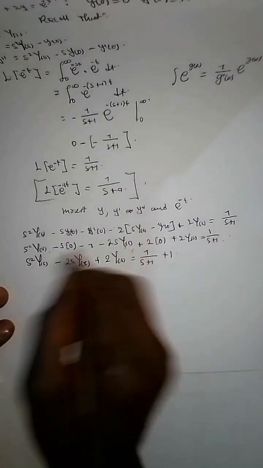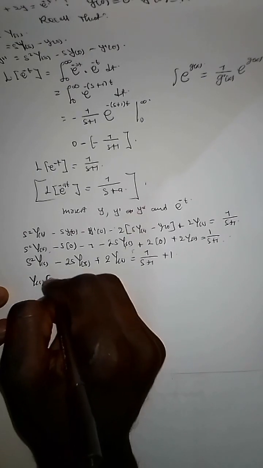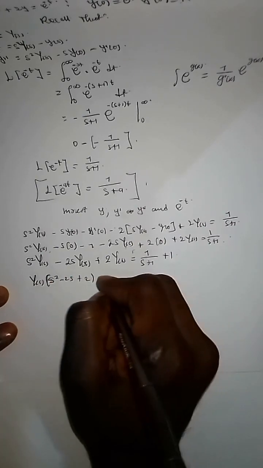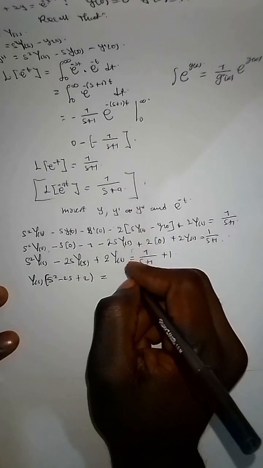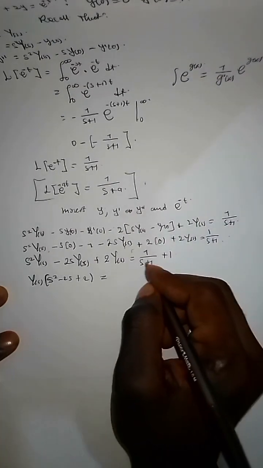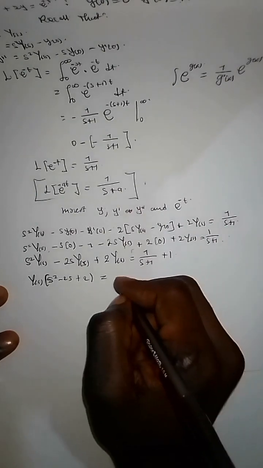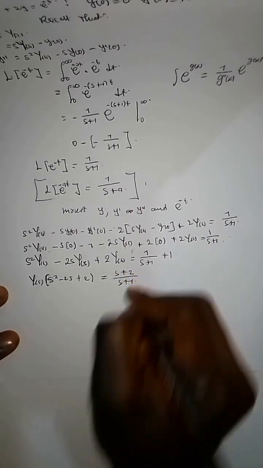So we factor out Y of s, and we will have s squared minus 2s plus 2 equal to, when we do the algebra of this part, this will give us 1 plus s plus 1, yeah, it will give us s plus 2 all over s plus 1.